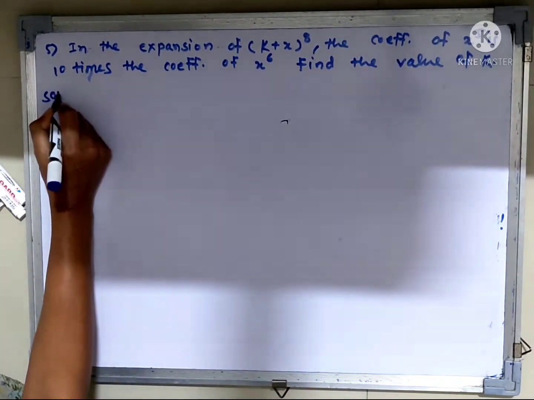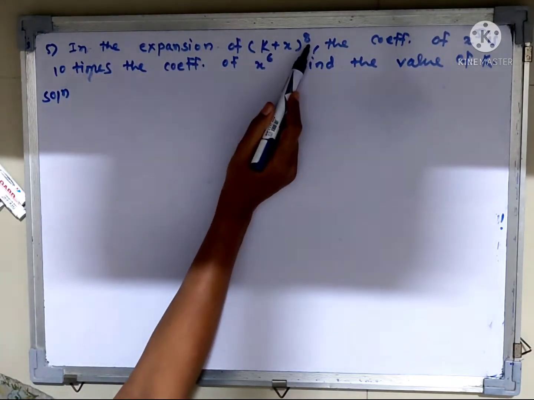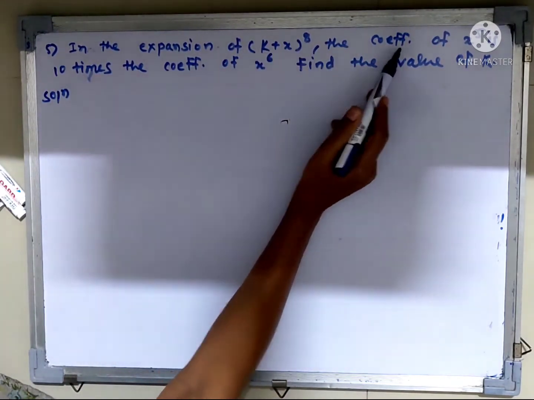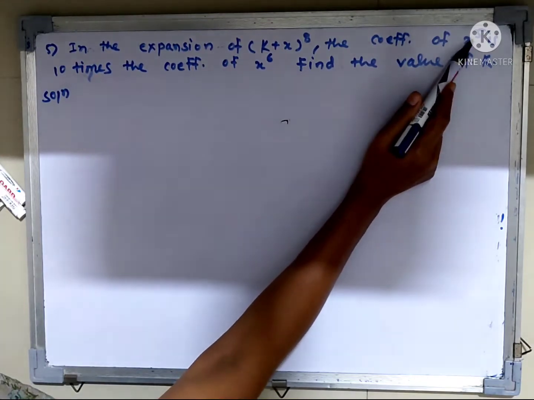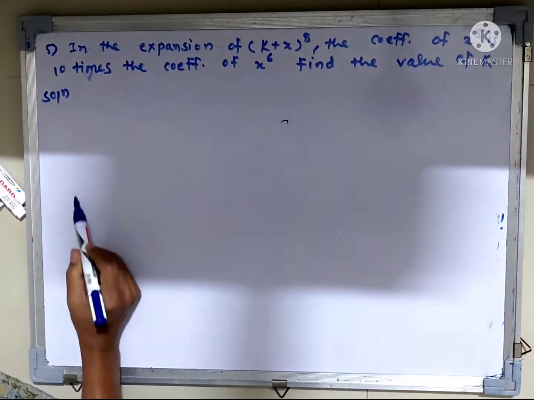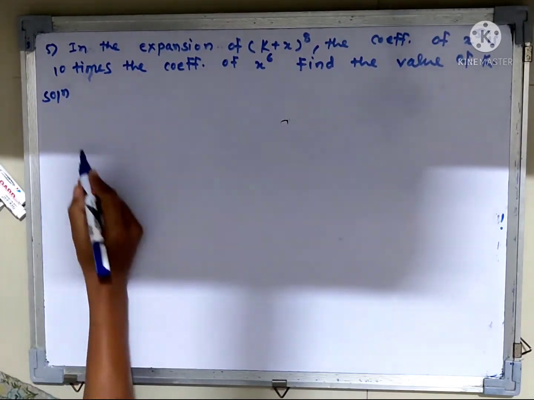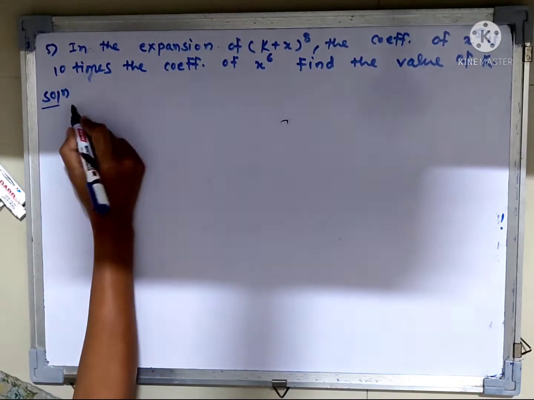Solution. Read the example carefully. In the expansion of (k plus x) raised to 8, the coefficient of x raised to 5 is 10 times the coefficient of x raised to 6. Find the value of k. Okay, solution.